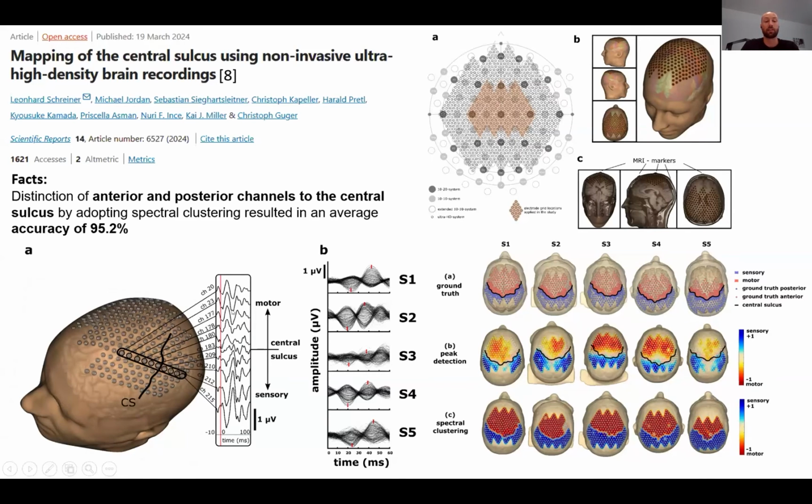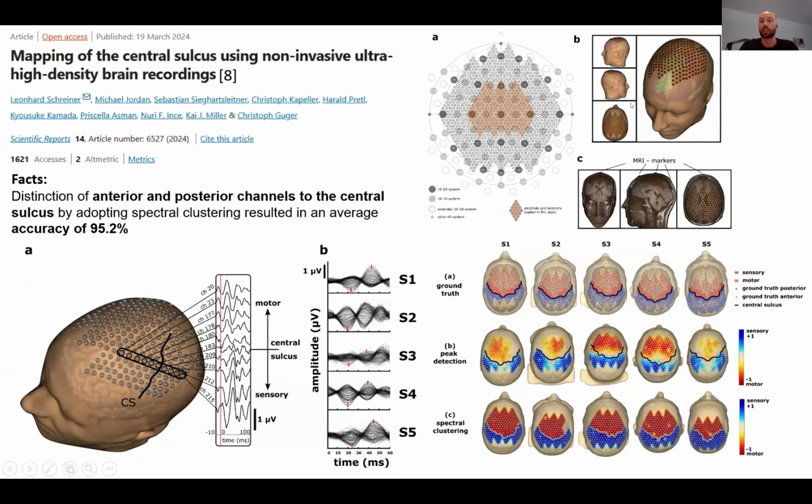And you can see here now how this phase inverts of the EPs. So with that, we can also perform different algorithms like spectral clustering and peak detection, as you can see here in the right bottom. And with that, we could classify here sensory or motor, as I said, with a ground average of 95.2%.